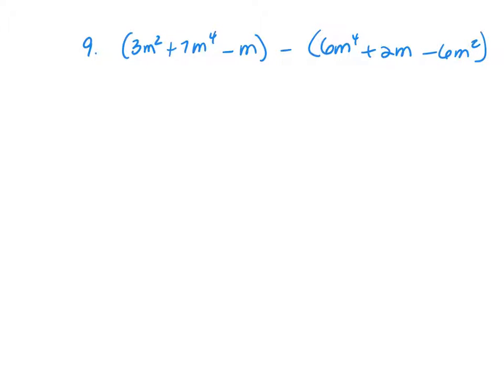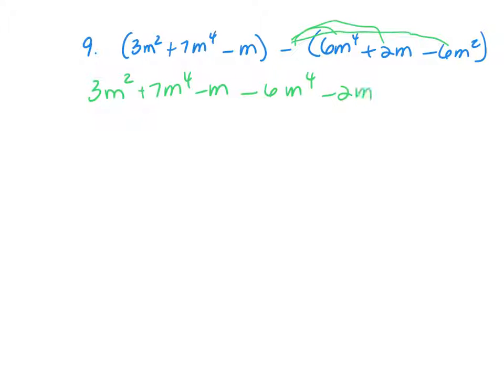So when you see a minus sign between two parentheses, that minus sign belongs to all of these guys here. So before you start anything, you're going to rewrite the first guy, and then you're going to change all the signs of the second guy. Okay? And now you look at things. I always go from the highest exponent down.